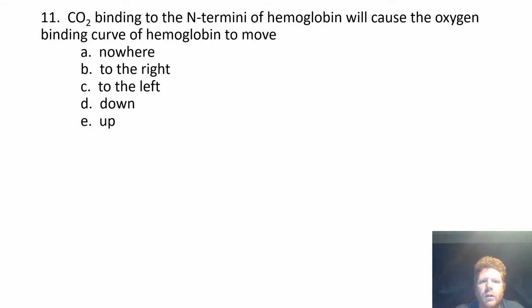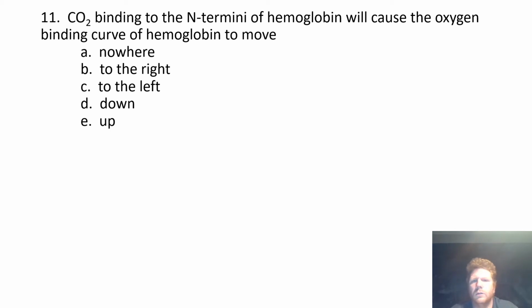Okay, question number 11. CO2 binding to the N-termini of hemoglobin will cause the oxygen binding curve to move to the left or to the right. Or I'm sorry, will cause it to move where? Answer option A is nowhere, B is to the right, C is to the left, D is down, E is up.